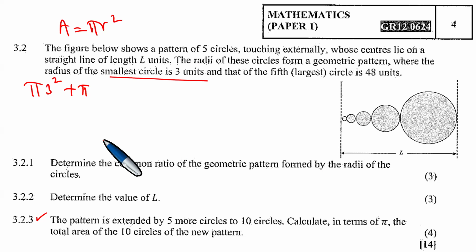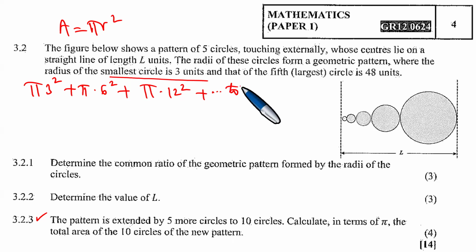There's something extremely important here, because we're starting from the smallest one of radius 3 units, and the next one, because these are in a geometric pattern, is pi times 6 squared. You double 3, you get 6, you double 6, you get 12, and so on.